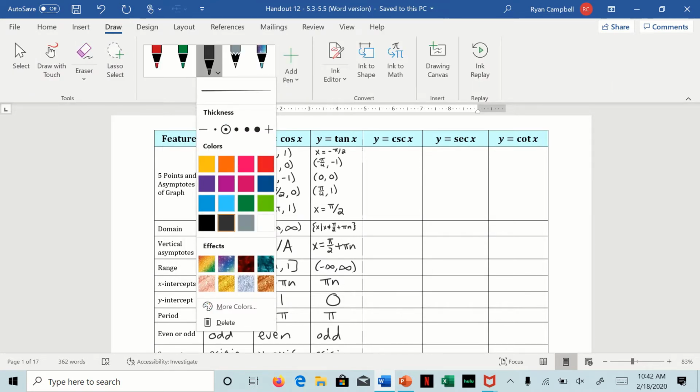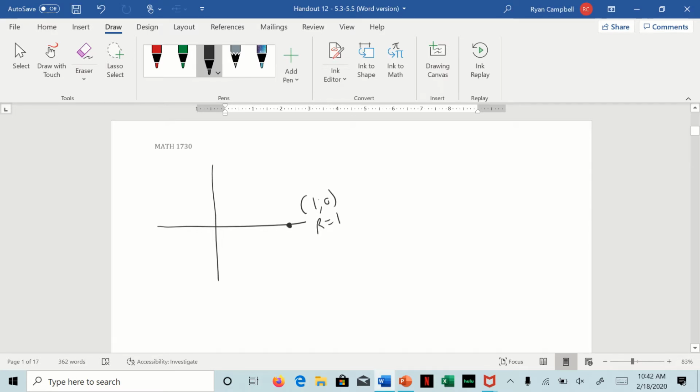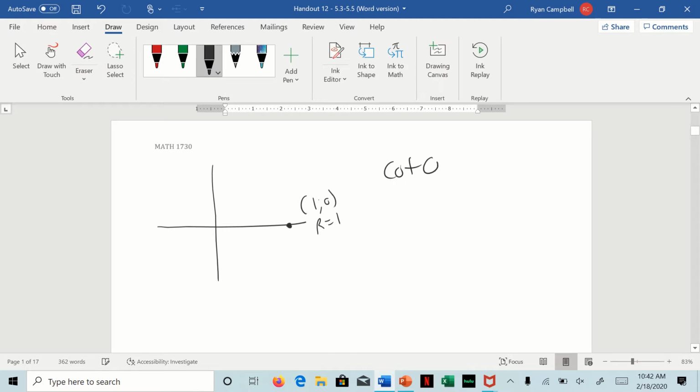So let's first deal with cotangent. Let's start with the angle of 0. That could be 1, 0 with the radius of 1. So cotangent of 0, remember that's the inverse of tangent, so instead of y over x, it's x over y.